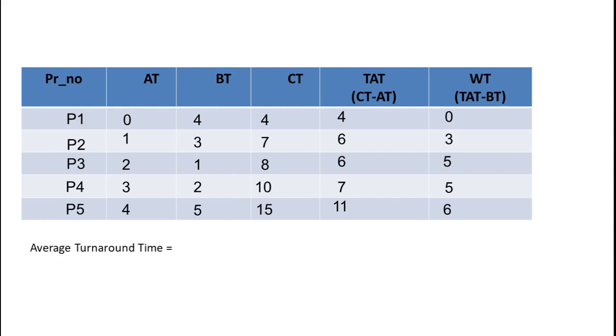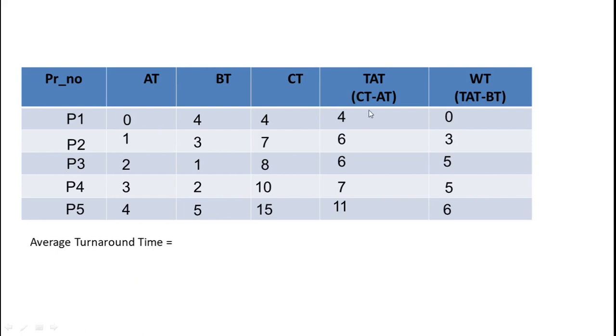First we will make the average turnaround time. For finding the average, we will make a summation of all these 5 digits and divide it by the total number of processes. Total number of processes here is 5. That is the simple formula to find the average, and that is simple math.